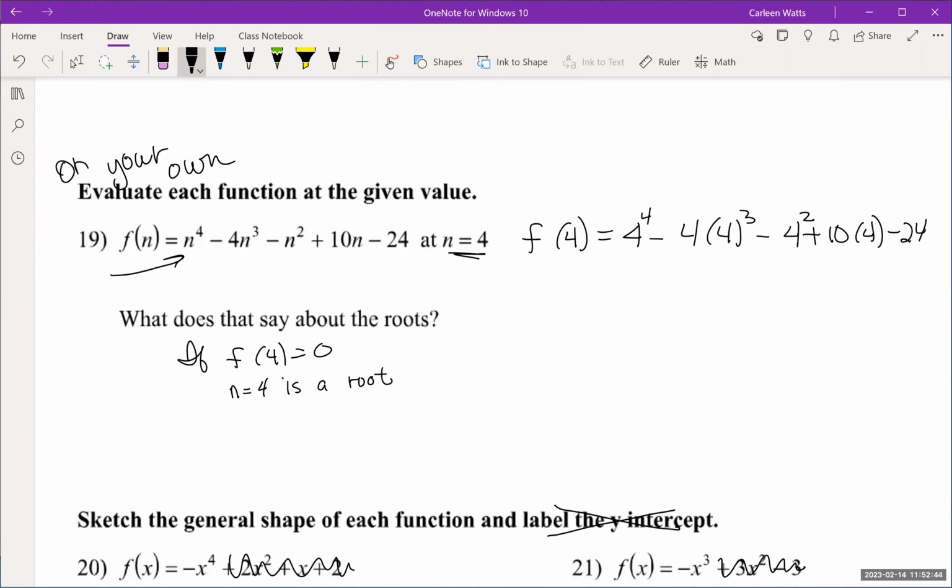Okay, so this is 256 minus 256. Let me just see.